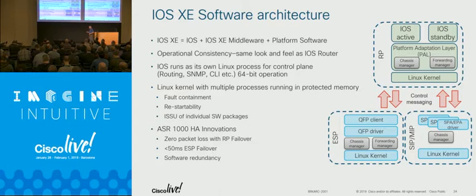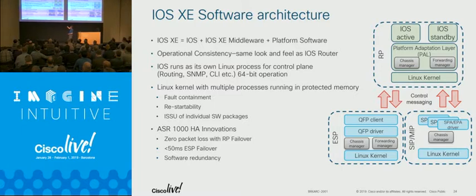So the IOS XE is a modular operating system built on Linux. What we did is we took a lot of operating system responsibility out of the IOS process. Now the IOS process just focuses on your control plane running.